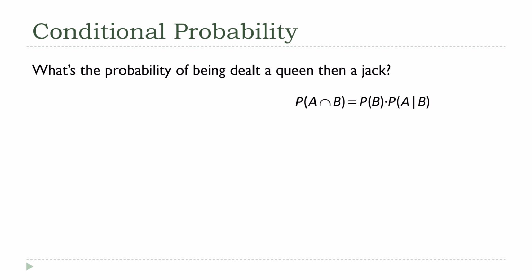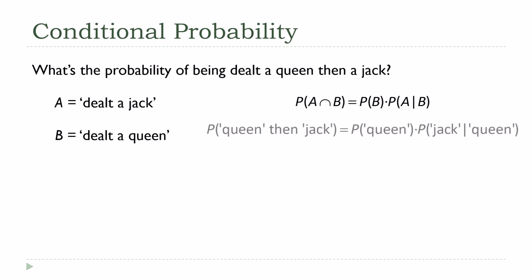Okay, so how about if we turn this around? What's the probability of being dealt a queen, then a jack? Well, that's going to reverse our two events. A is now being dealt a jack, and B is now being dealt a queen. That's the conditional part of the probability. And again, I'm going to be more specific: I'm going to say probability of queen, then a jack, rather than and.